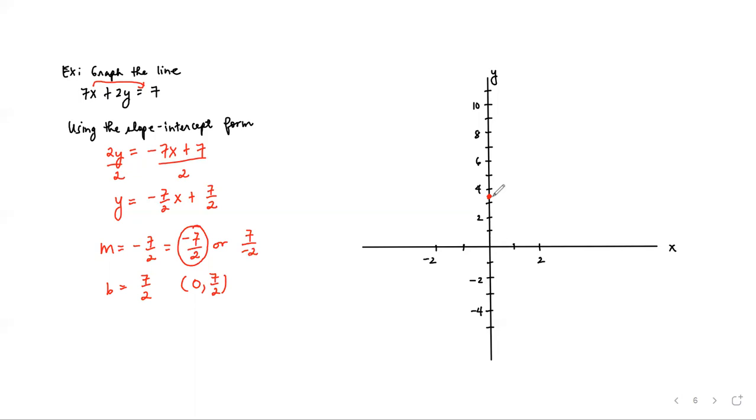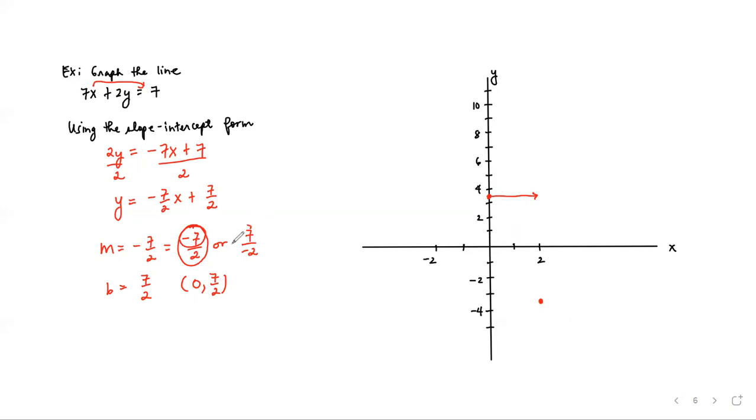So if we move 2 units to the right side, we're going to move here. And then at this point, we have to move 7 units downward. So we have 1, 2, 3, 4, 5, 6, 7. So we get the following point. And this is our second point, so we can just connect these 2 points by a straight line.